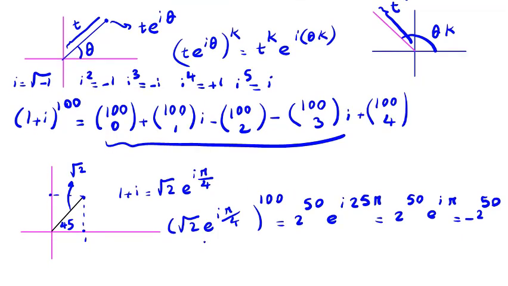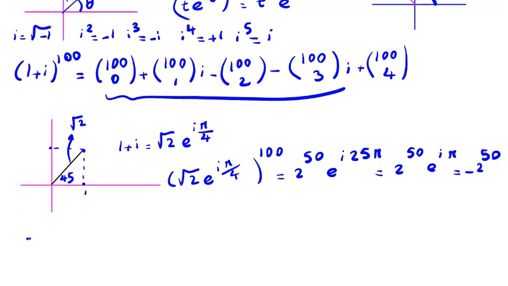Now, we conclude what? Negative 2 to the power of 50 equals the real part here, which will be A0 minus A2.